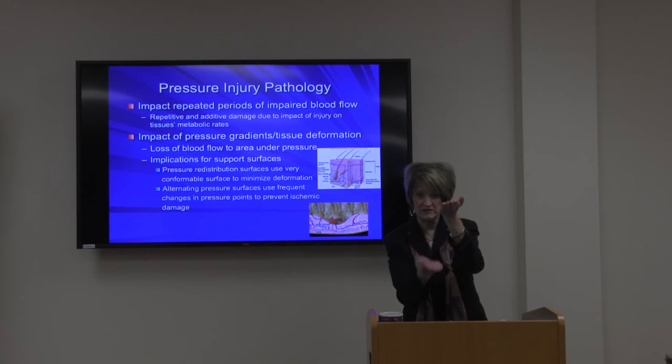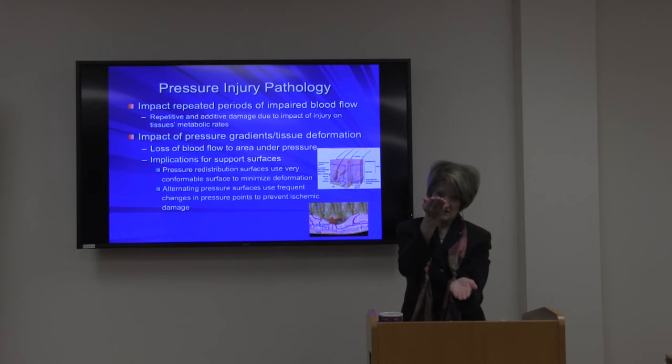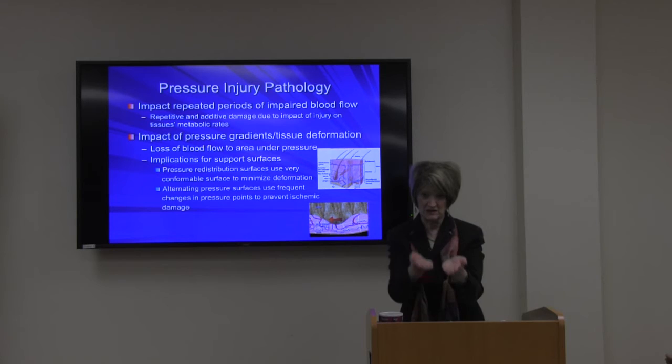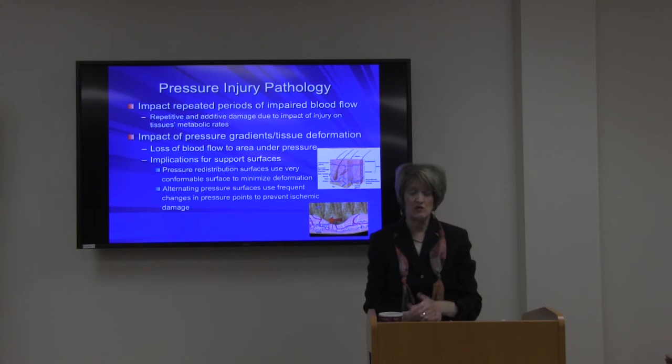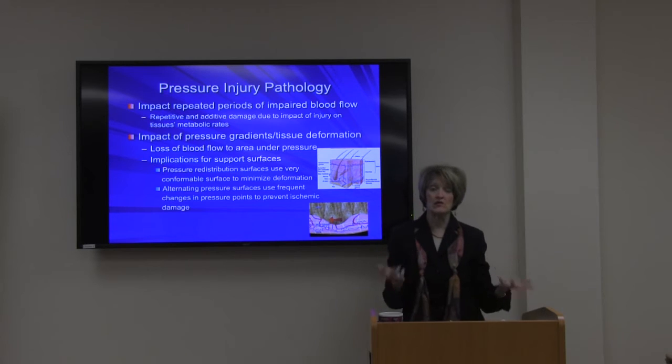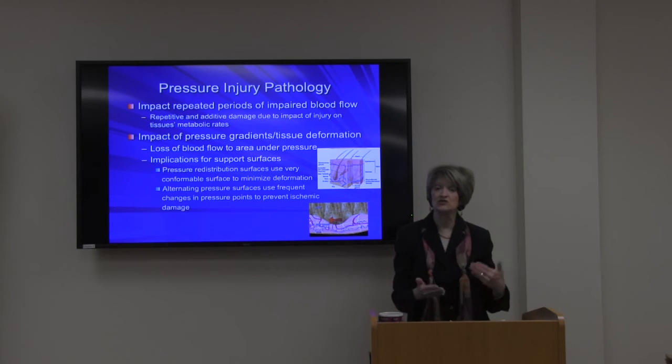this one will come up. This tissue is now perfused. This tissue is compressed. Then this comes down, this comes up. So you're constantly changing the points of compression. And we'll come back to that when we talk about support surfaces. Right now, what I want you to realize is that there's two approaches to pressure ulcer prevention.